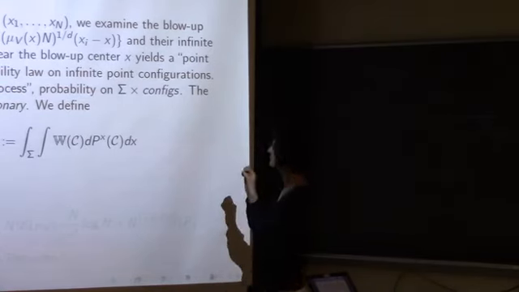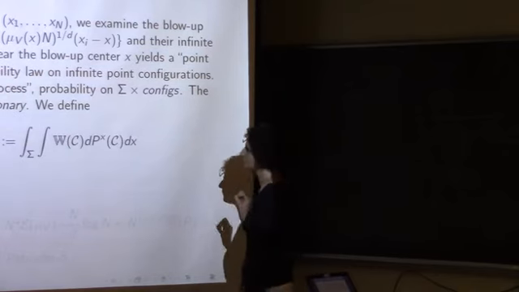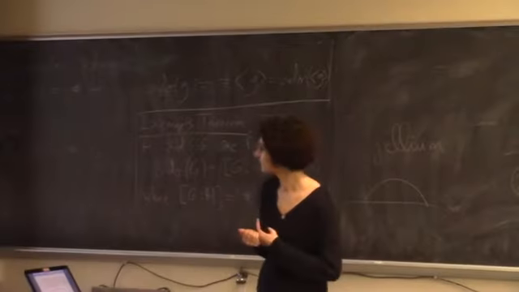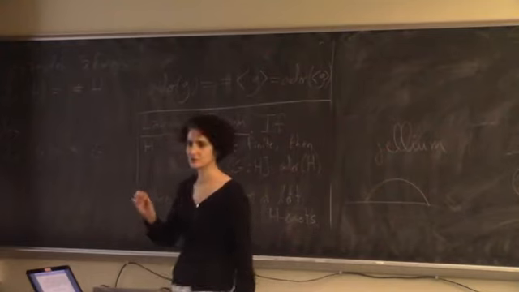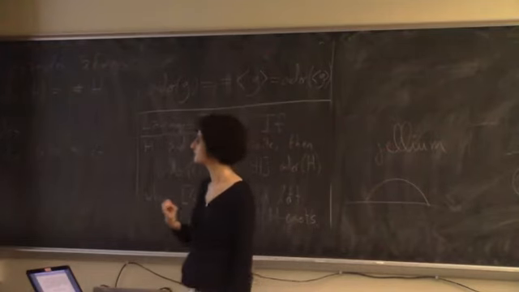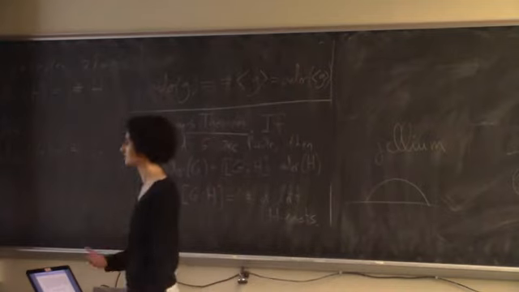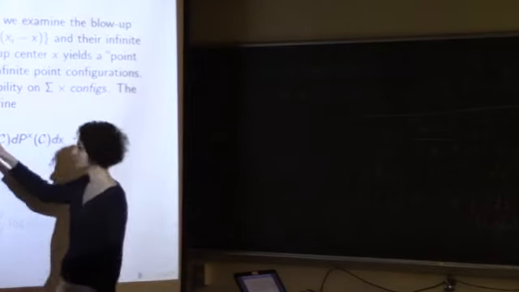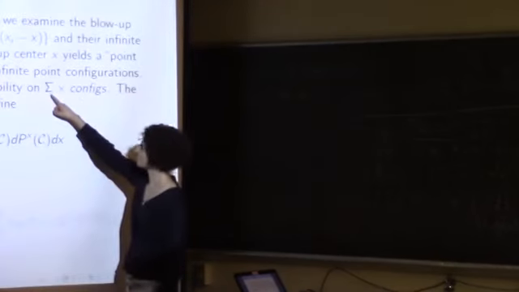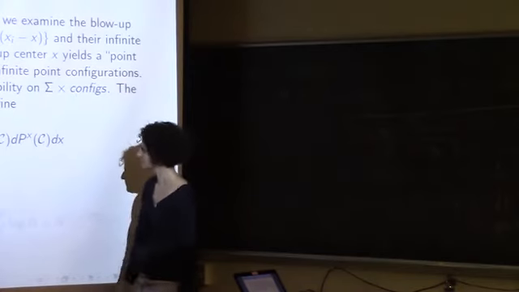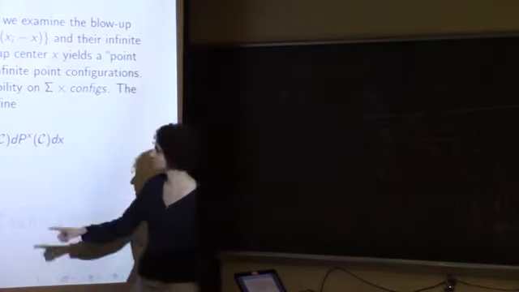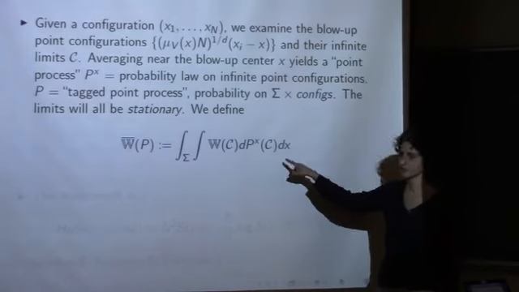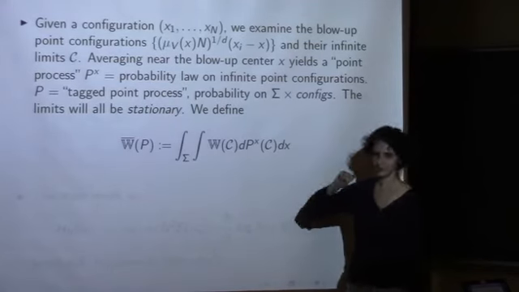And we average near the blow-up center X. And this gives us what's called a point process in the language of probability, which is just a measure or probability density on infinite point configurations. It's a little bit technical to say, but it's not so complicated. Then we form something that's called the tagged point process, which will be a probability on blow-up centers cross configurations. So if you want, P will be the integral of Px of C dx. We'll tell you the probability of seeing the configuration C when you zoom near X.